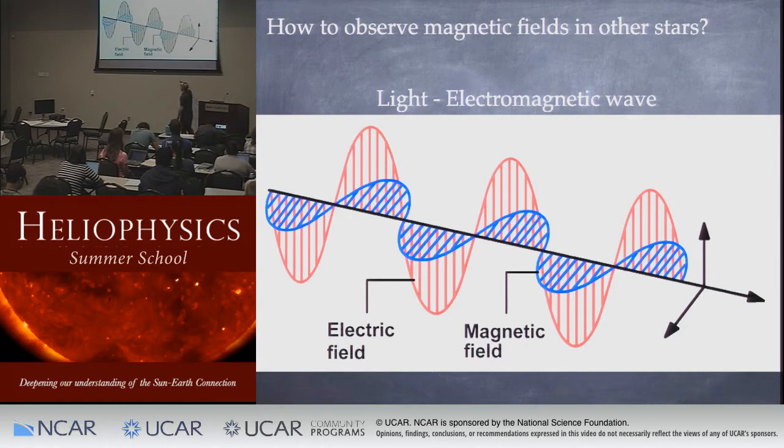Okay, so every light, every photon that we measure represents an electromagnetic wave, and what we can do in the context of magnetic field is to look at the changes of these electric and magnetic perturbations of the wave as it passes through the medium.